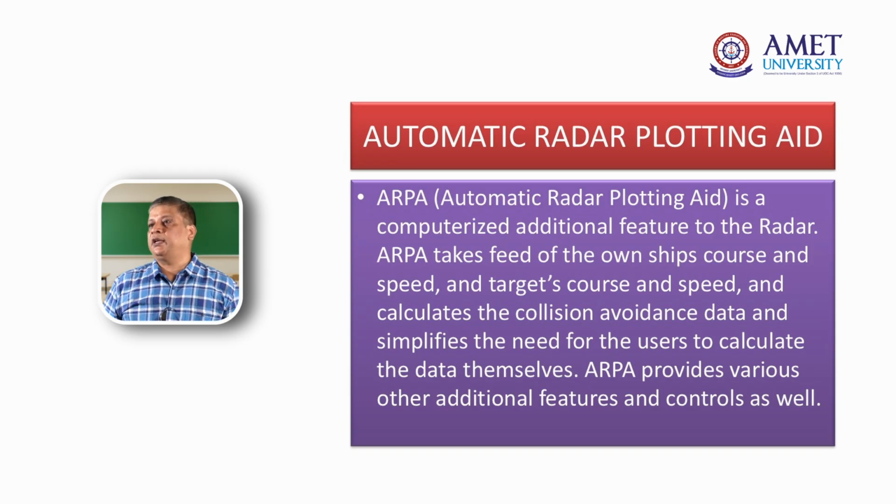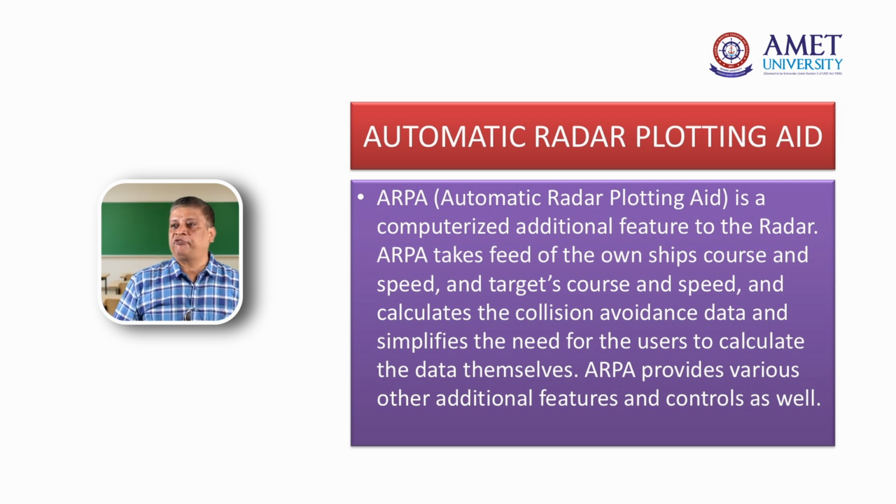We need the information of all the targets in the vicinity to take a proper action and get away from all targets nearby, or rather to avoid the risk of collision. We definitely need to take action. ARPA gives us the data about all the targets in the vicinity.